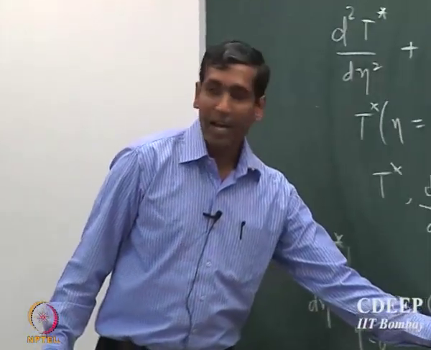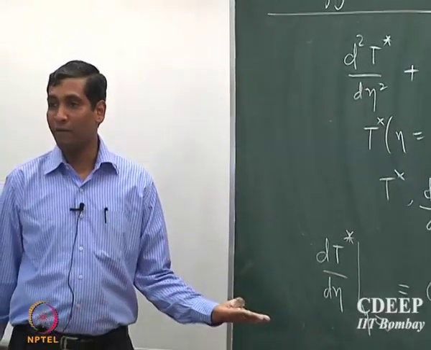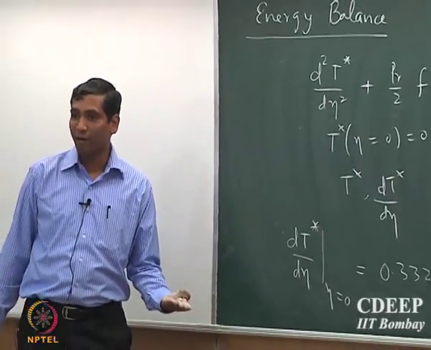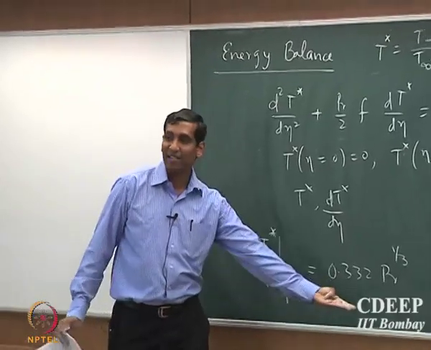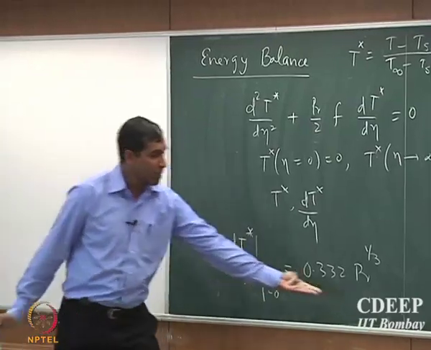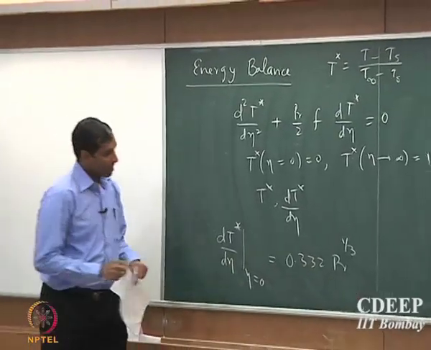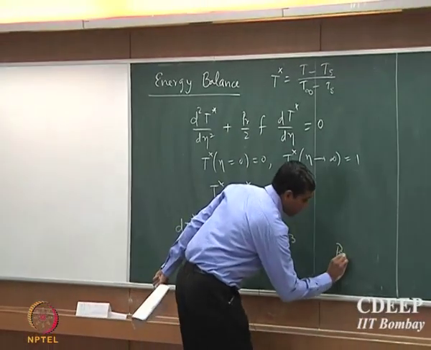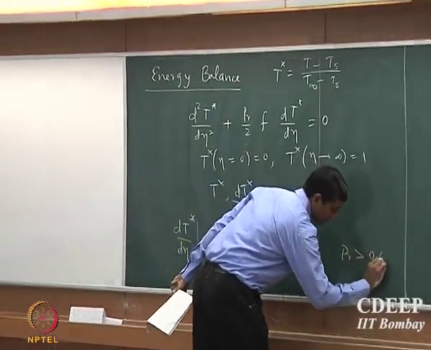So far I asked you to assume the functional form, but the correct proof is that the gradient scales as Prandtl number to the power of some exponent, and that exponent turns out to be 1 by 3, and by the way this is valid only when Prandtl number is greater than 0.6.